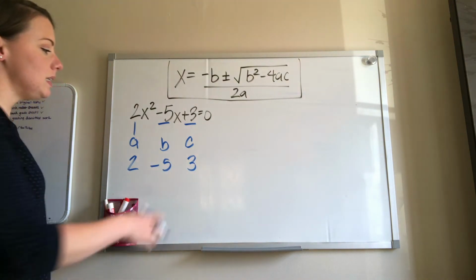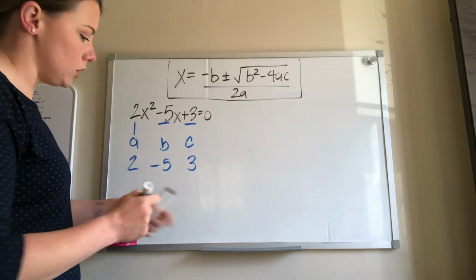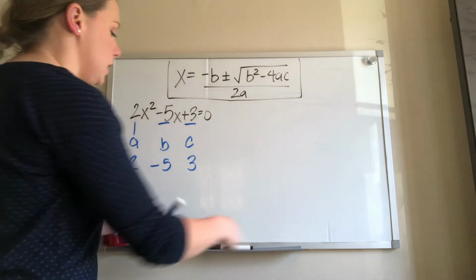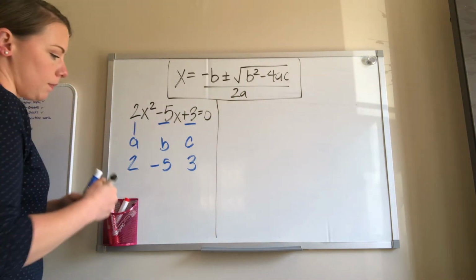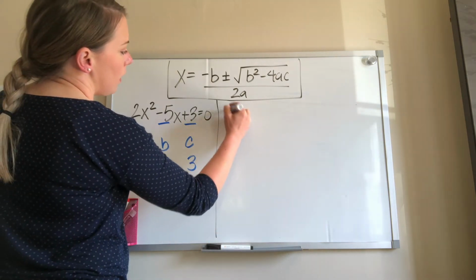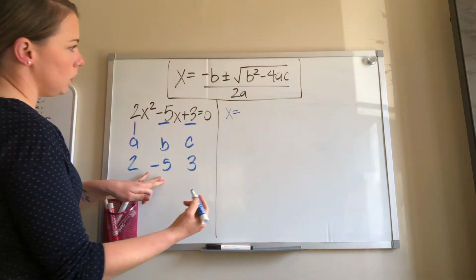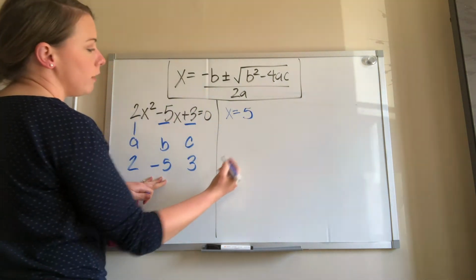Now I'm going to take those pieces and plug them into the quadratic equation. All right, so let me separate my board a little bit. And I'll have x equal to negative 5 would actually be positive 5.